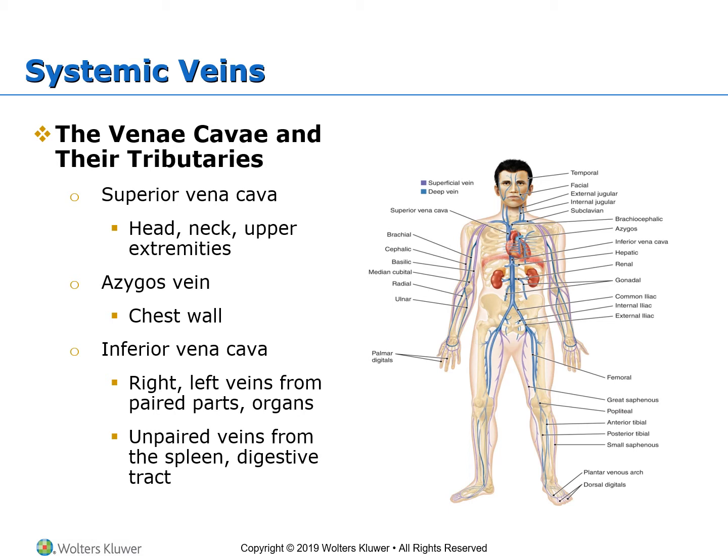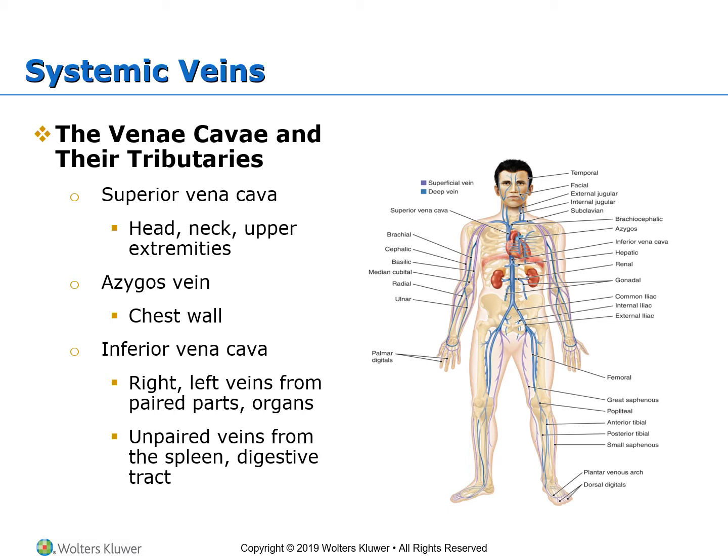So below the diaphragm, we can divide the large veins into two groups. We have the right and left veins that will drain the paired parts or organs. That will be the external and internal iliac veins, and the common iliac veins. We'll have four pairs of lumbar veins from the dorsal trunk. And we have gonadal veins that can be testicular in males and ovarian in females.